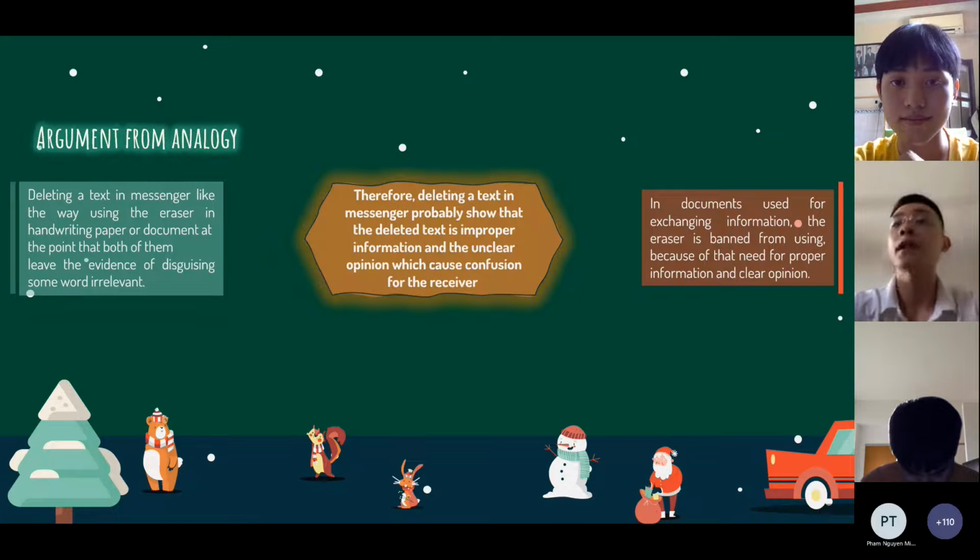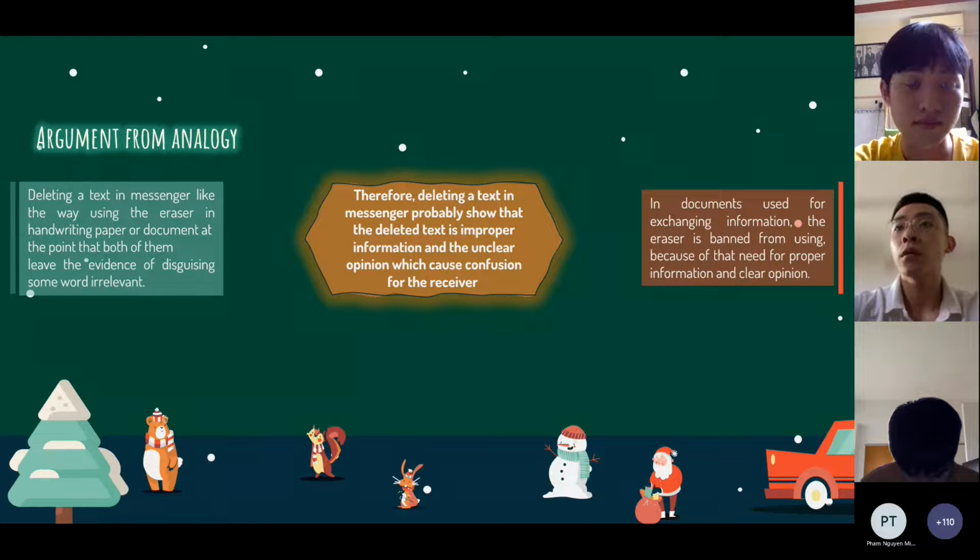And the second sentence is that in documents, even handwritten paper used for exchanging information, the eraser is banned because they need proper information and clear opinion. Next slide, please.